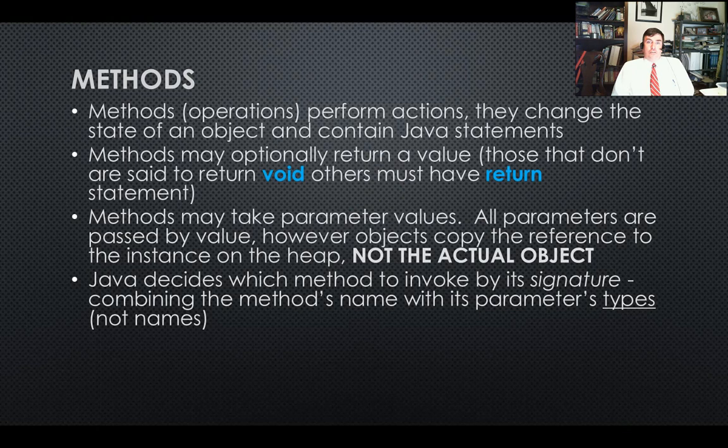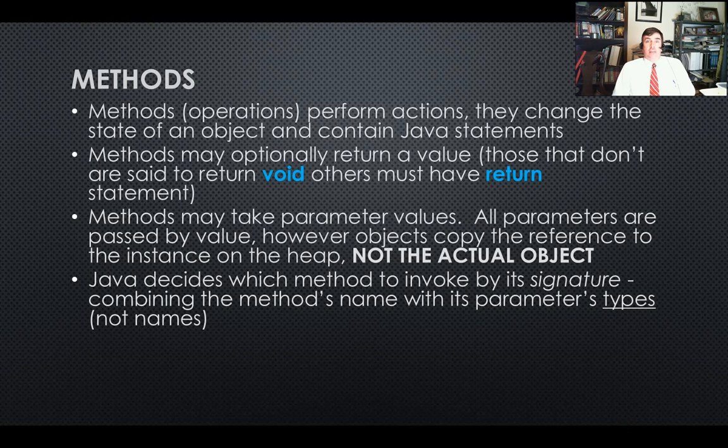So what does a return value mean? A return value means we're going to push one more value on the stack to return something back to the method that called us. Methods can also take parameters. All parameters are passed by value. So what does it mean to pass by value?